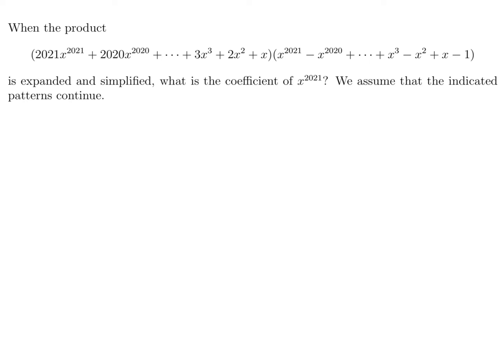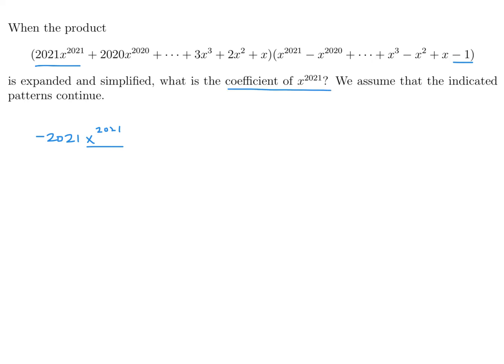And that would be, I think, initially this one and this one. So that would give me minus 2021 x to the power of 2021. I only care about x to the power of 2021. Anything else, I'm not interested, because I'm really just looking for the coefficient of that power of x.